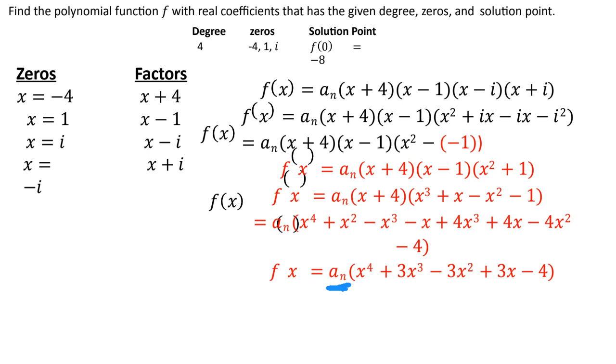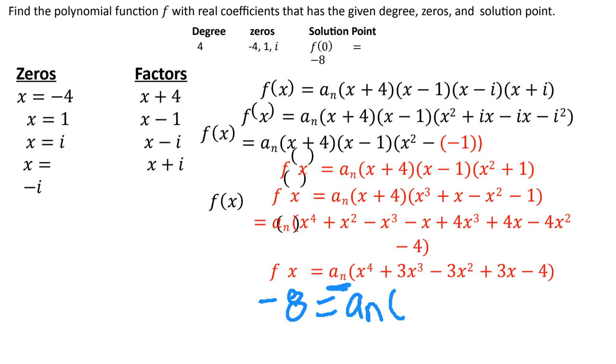No. Okay, but this is what we have. So here, negative 8 is going to be f of x. So negative 8 equals a_n. And wherever we have an x, we're going to replace with 0.